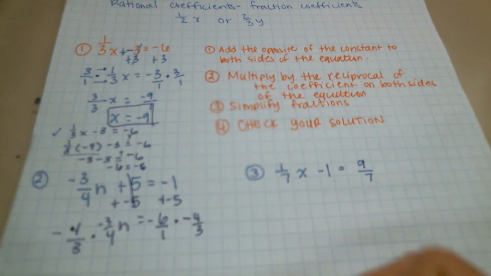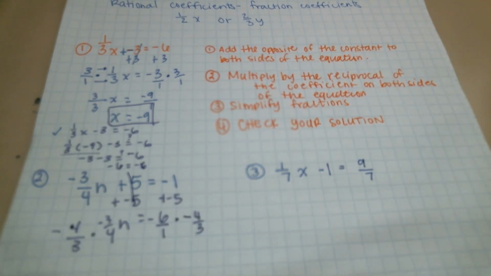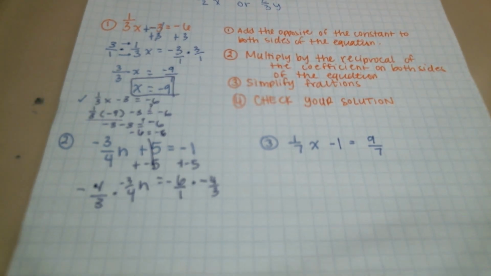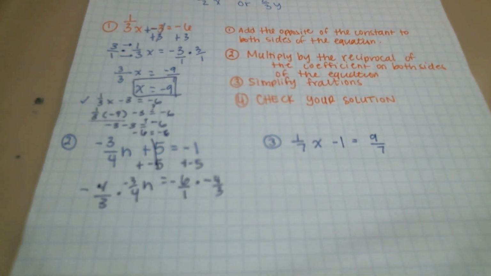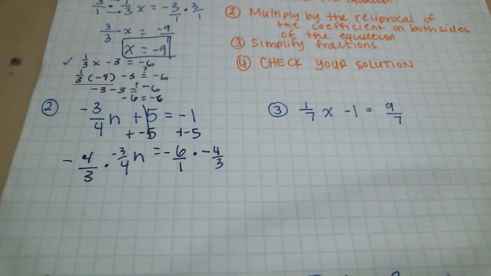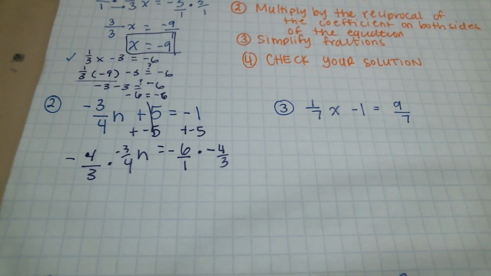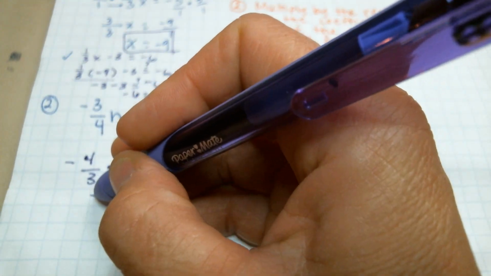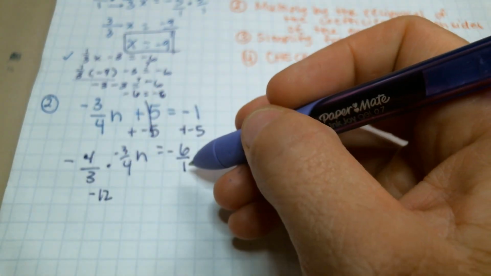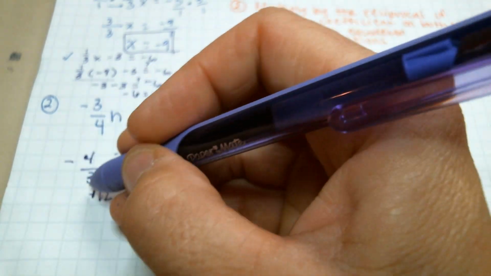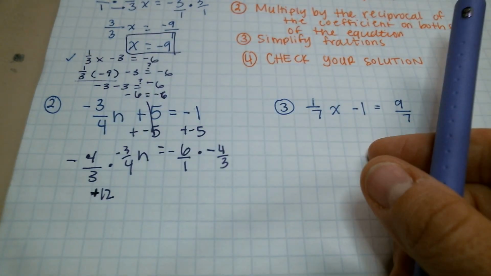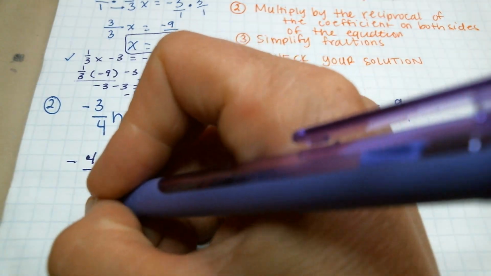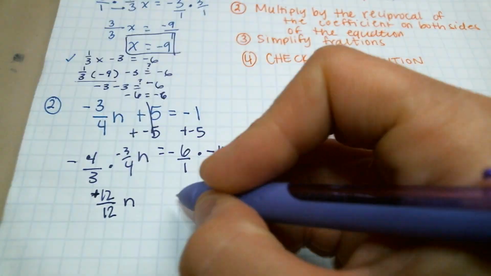Let's make that into a fraction by putting it over 1. And so now I've got some fractions that I can simplify. So let's multiply this out. -4 times -3, that's -12. Sorry, that's positive 12, so I've got a negative times a negative situation. And 3 times 4 is also 12.